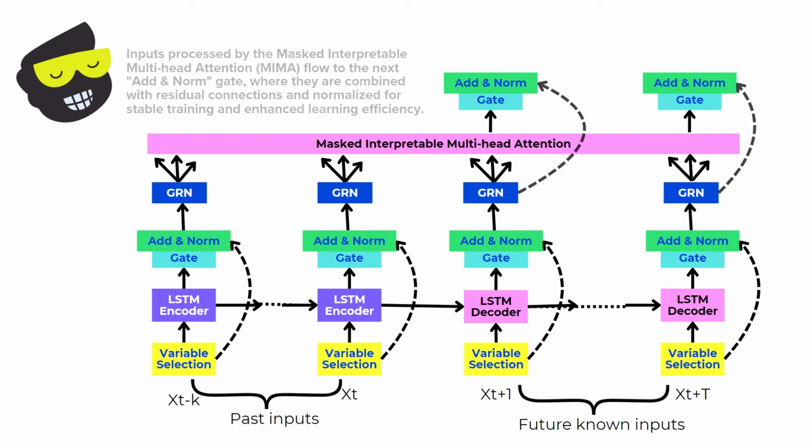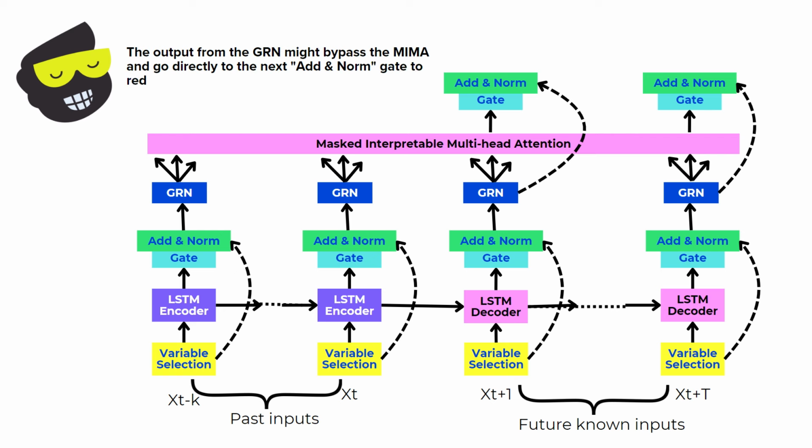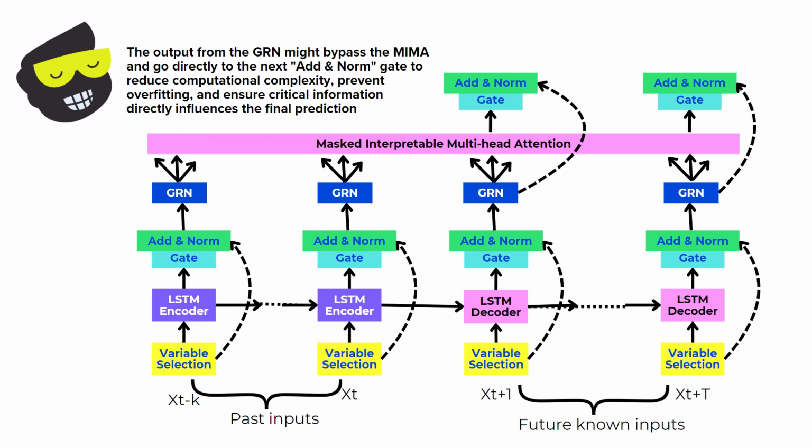However, the output of the gated residual network, GRN, might bypass the MIMA, so the masked interpretable multi-head attention, and go directly to the next add and norm gate for several reasons. Why? Firstly, the GRN already defines, refines and filters the most important information, making additional processing by the MIMA unnecessary for these critical signals.